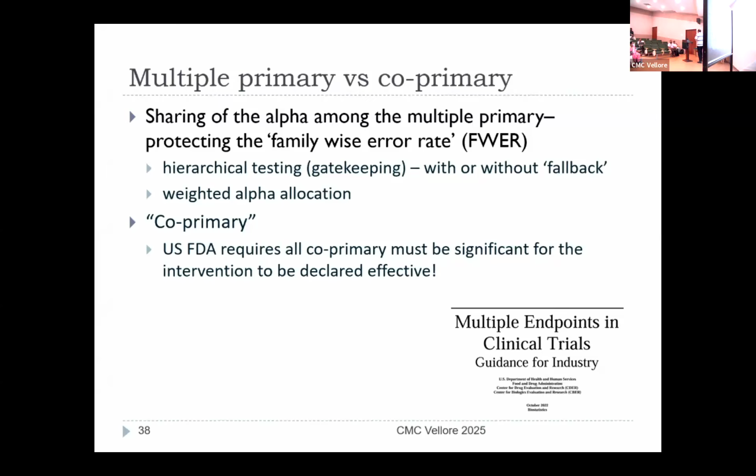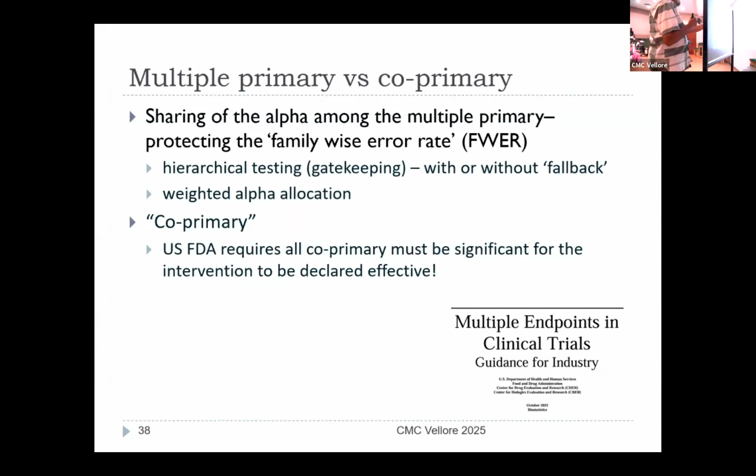One that is very interesting, and you have to read it very carefully, because as far as the FDA is concerned, co-primary is different from having 2 outcomes. If I have 2 primary outcomes, so let's say I have A and B, I still have to share the alpha some way.